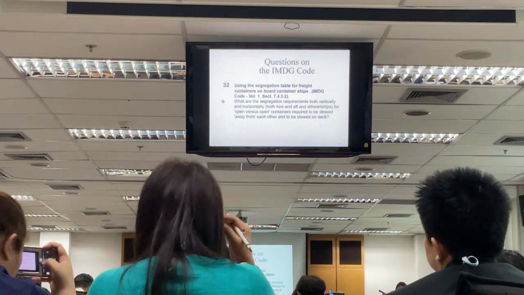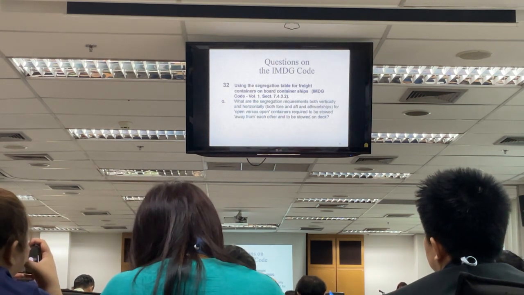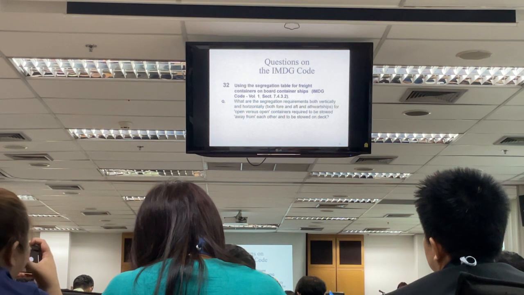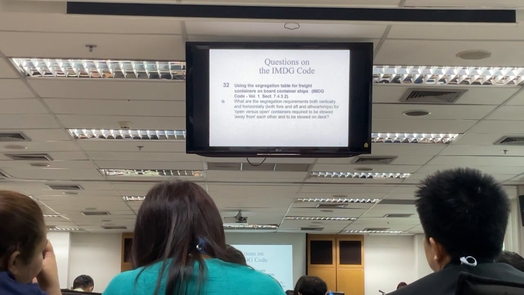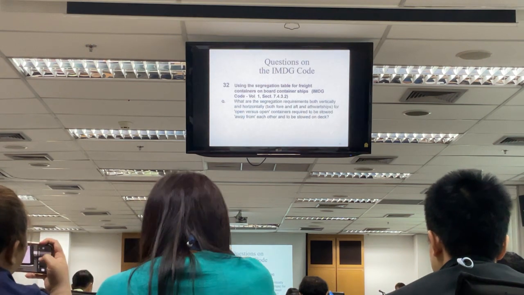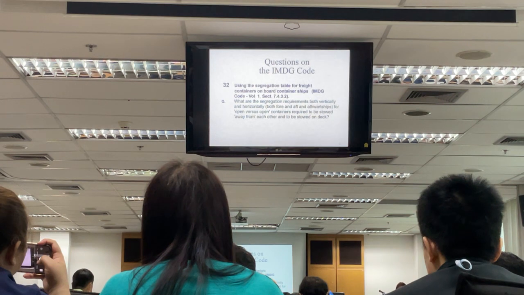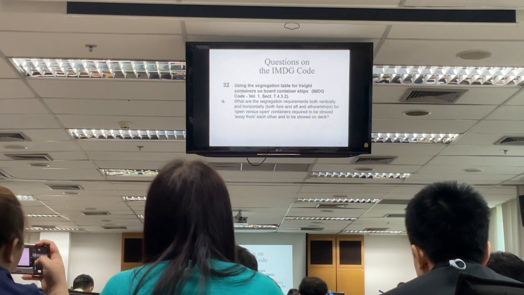What type of containers do we have? Open, open. Okay? What does the question want us to do? Containers required to be stowed on board container ships. So, where shall we go to find the criteria away from for the container ships?